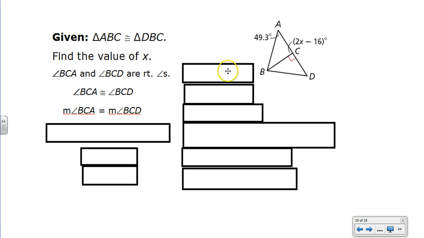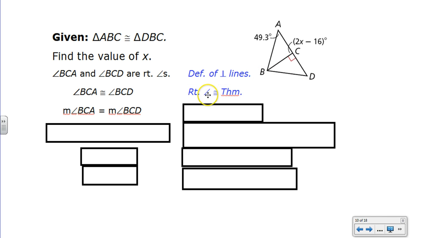They form a perpendicular pair of segments. See that? So we can say that angle BCA is congruent to angle BCD. We can say that by our right angles theorem.